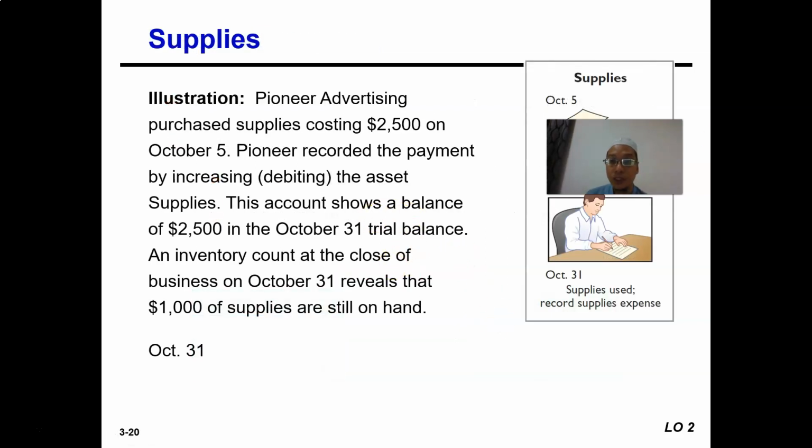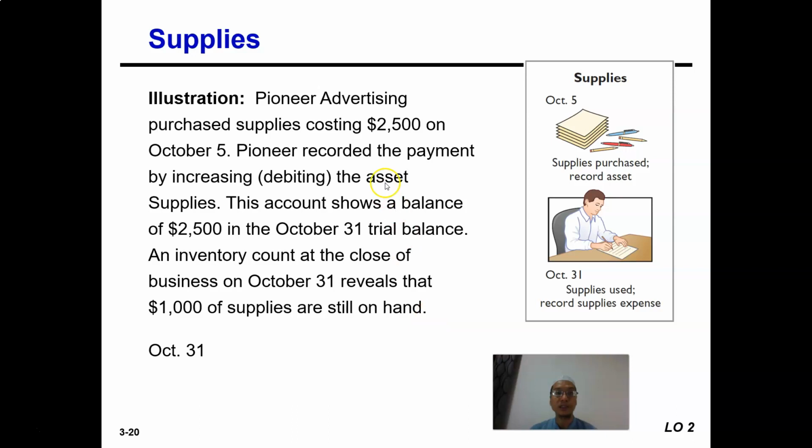Okay, so let's see a practical example here. Pioneer Advertising purchased supplies costing 2,500 on October 5. Pioneer recorded the payment by increasing an asset.